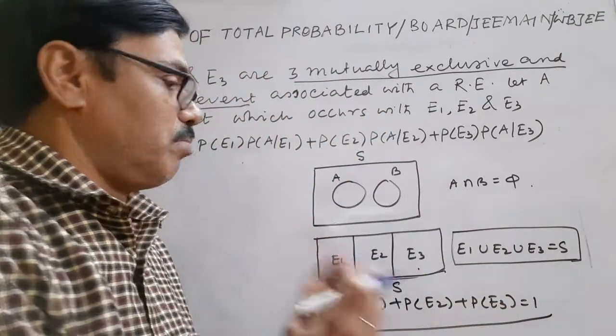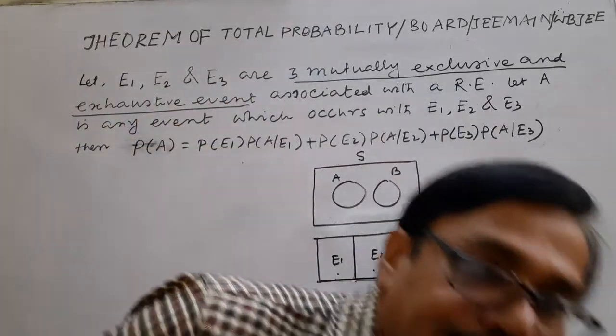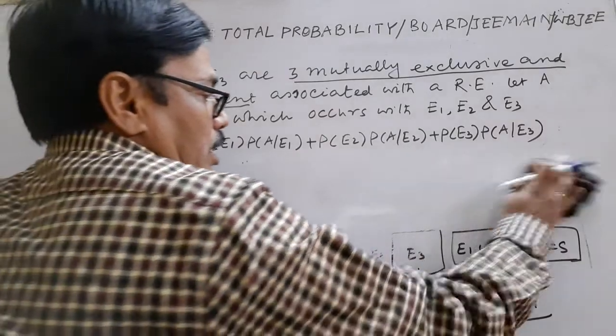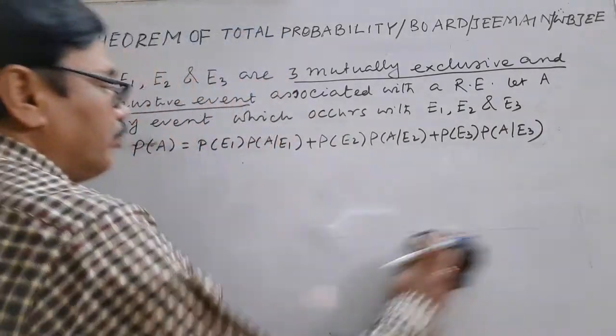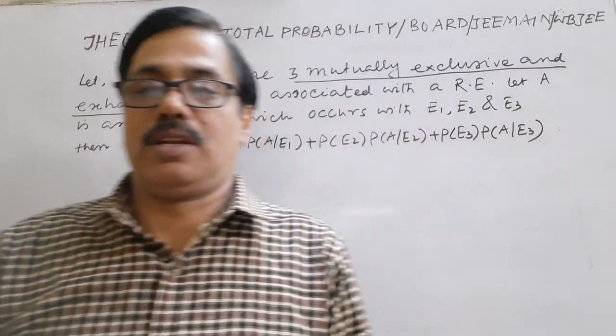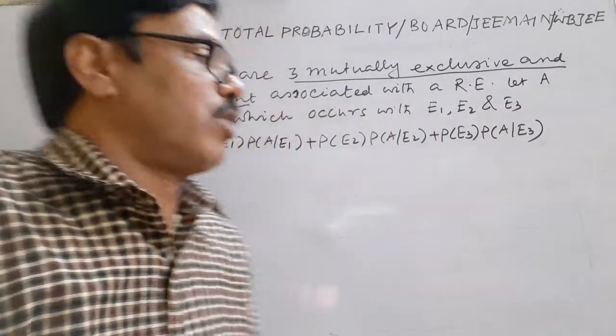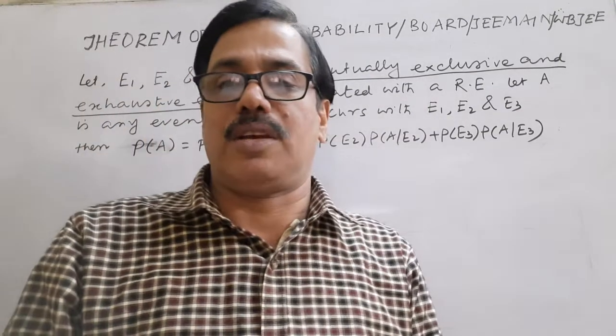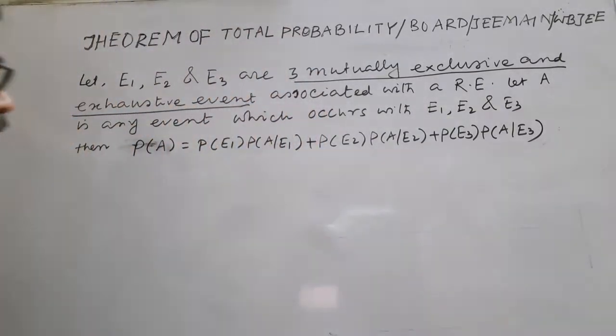So this is the basic concept. So we prove the theorem for three events E1, E2, E3. Then you can prove it for 4, 5, up to any finite number of events.